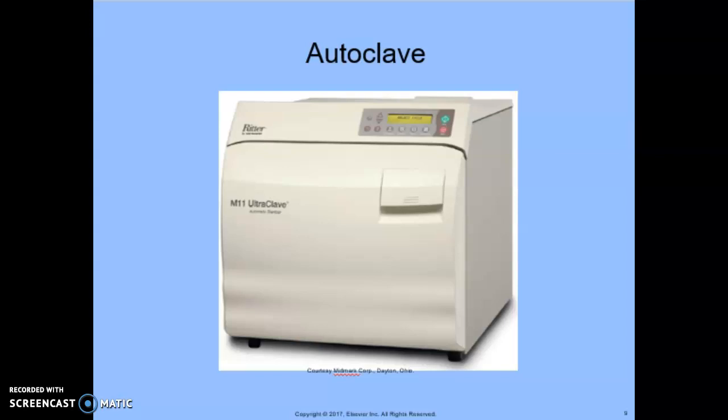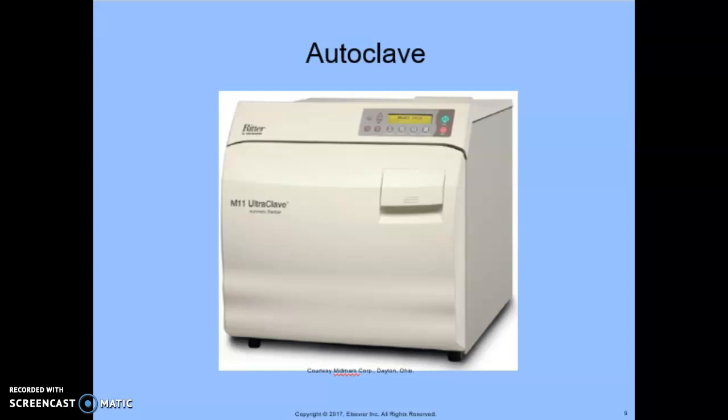Because we're sterilizing. Pressurized steam is fast, convenient, and dependable, and you will see most offices, actually probably all, unless they only use the pre-filled packs, all offices should have an autoclave.